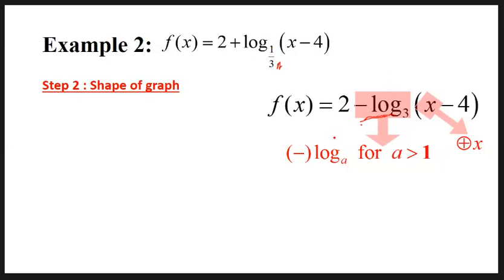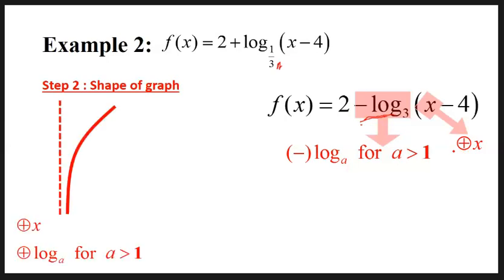So in this case, we have negative for log, positive for x, and to determine the shape, we begin with the basic case where we have positive x and positive log, where the base is greater than 1. The shape will look something like this. Then, in order to achieve the answer we want for this function, we see that the change is made on the log function.